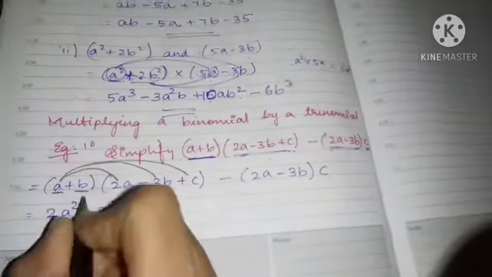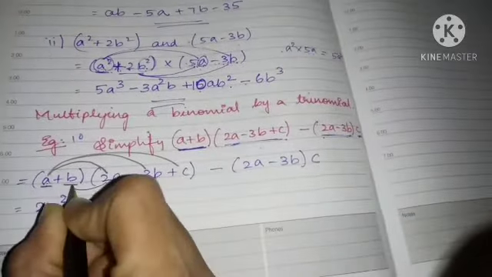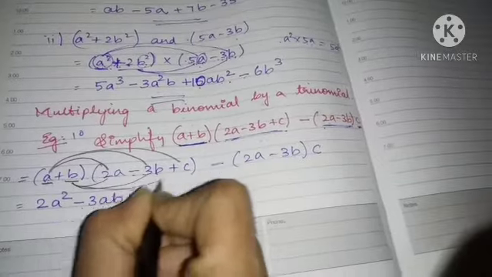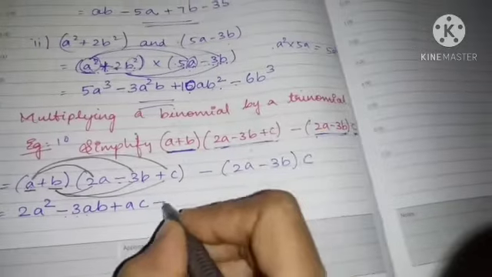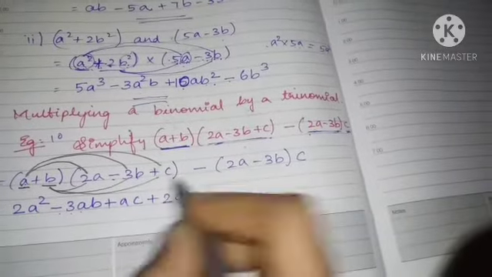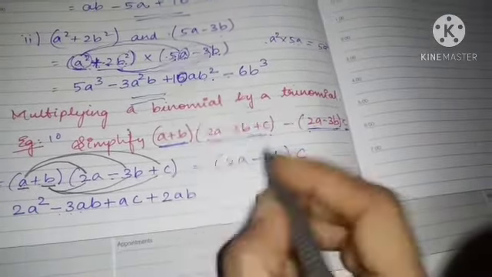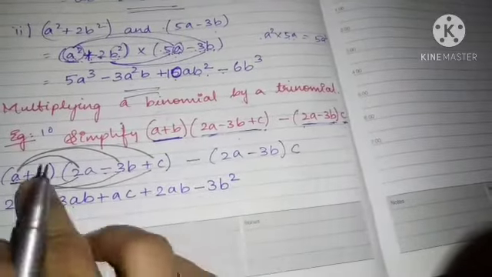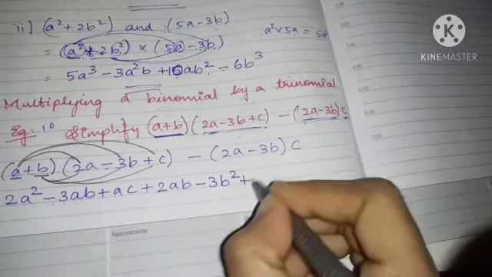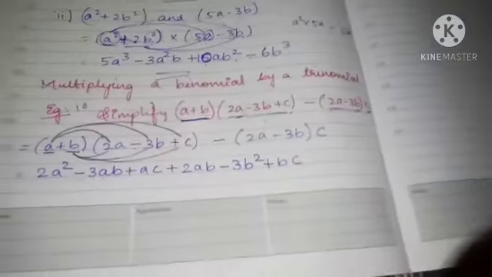Okay. Next is your second term. Plus b into this term and this term. Yes. Plus b into 2a, plus 2ab. Plus b into minus 3b, minus 3b square. Plus b into plus c, plus bc.